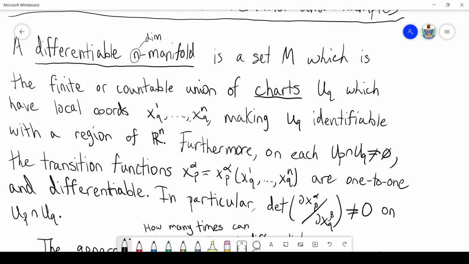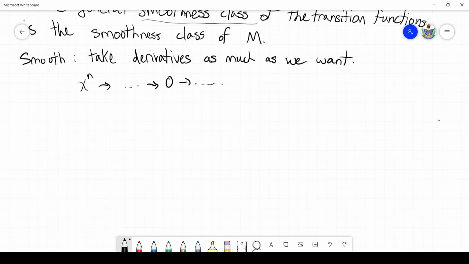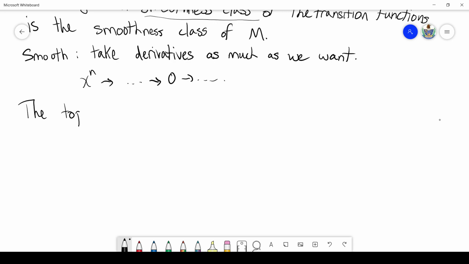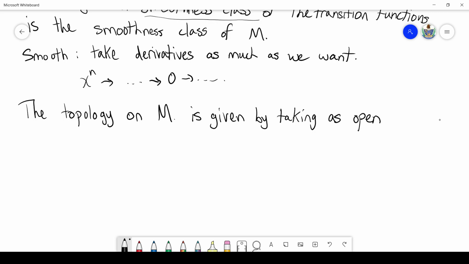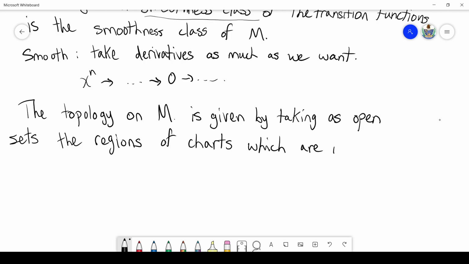These charts are identifiable as regions of Rn, but we can define a topology on M. So the topology of a manifold on M is given by taking as open sets the regions of the charts which are identifiable with open regions in Rn.